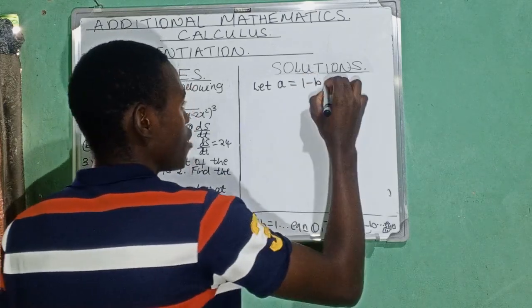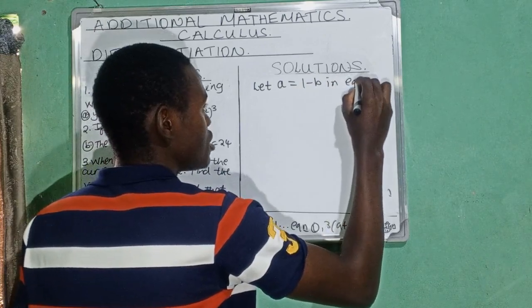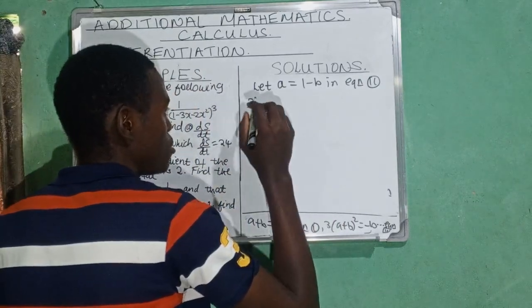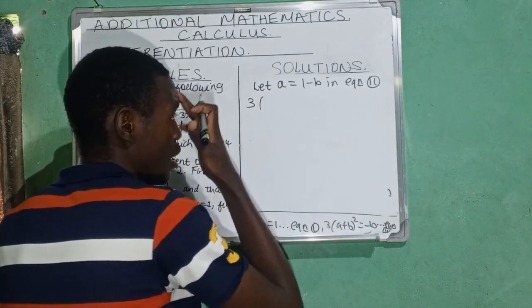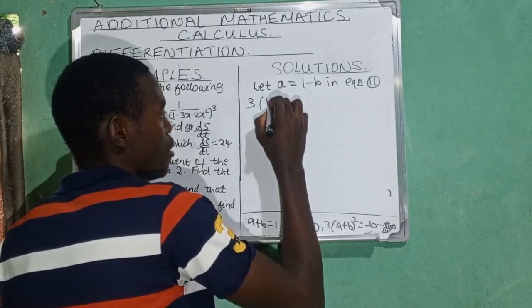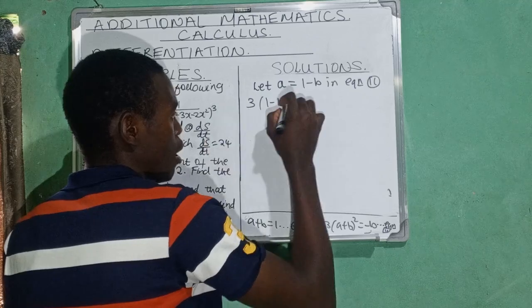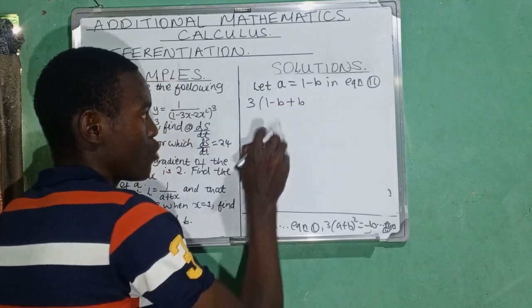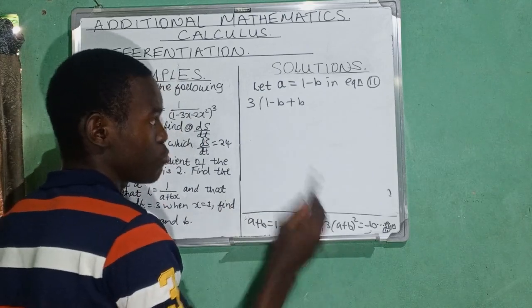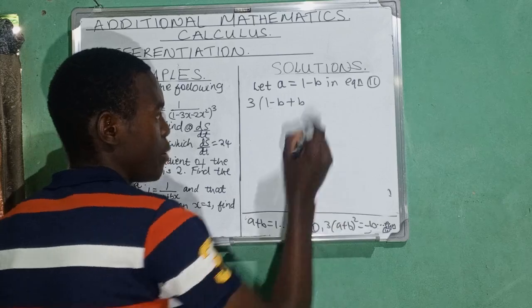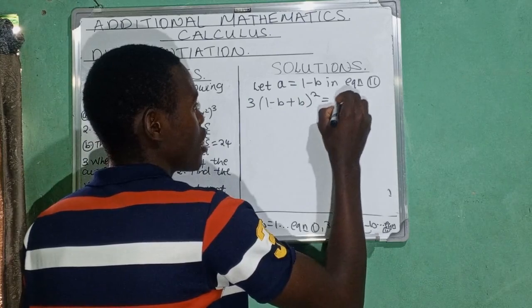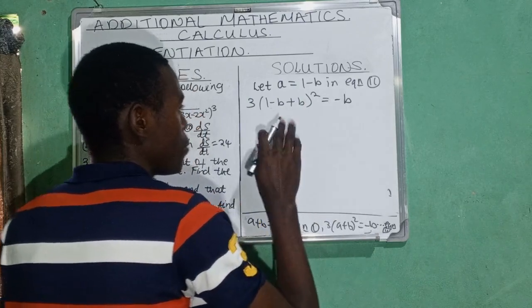Let a be equal to 1 minus b in equation 2. So 3 you multiply by a, which is 1 minus b, so we have 1 minus b like that plus b, as we can see. I hope you can see that. So where there was a in this equation, I've put 1 minus b, and then I've said plus b squared, the same equation, is equal to negative b.